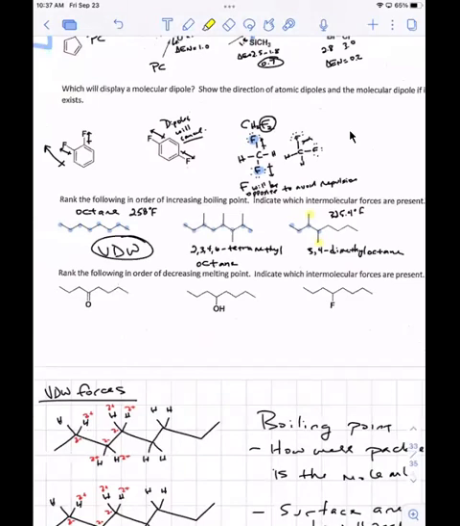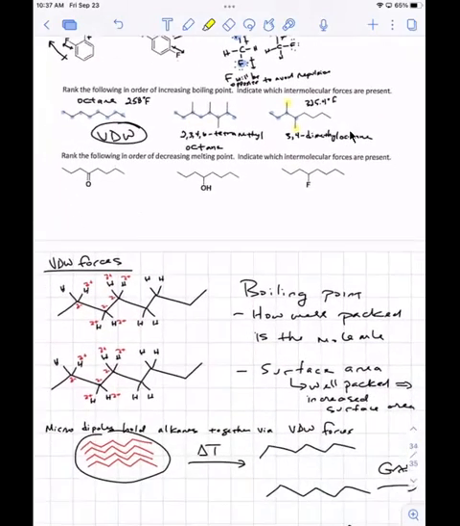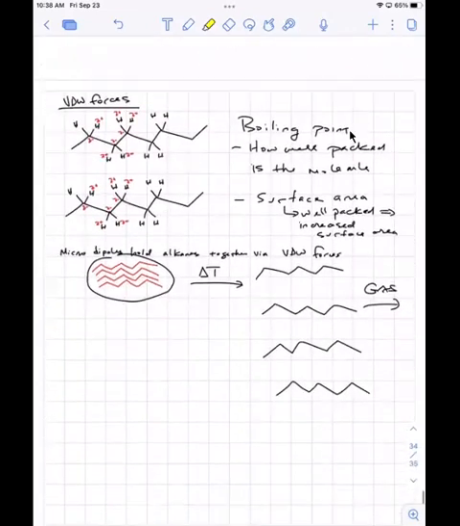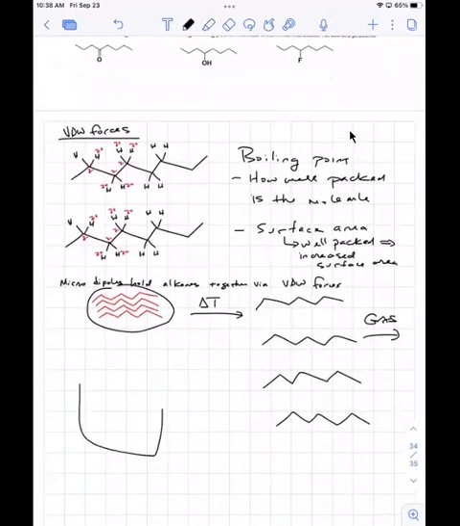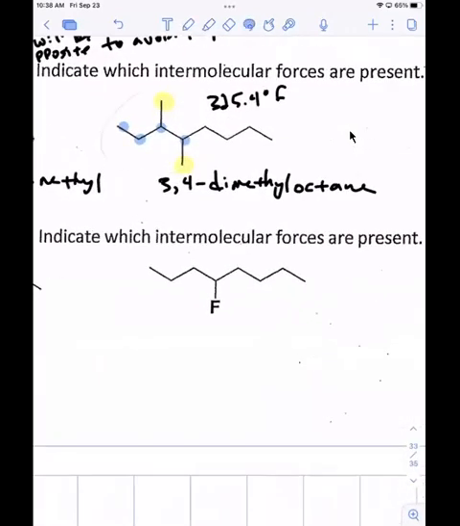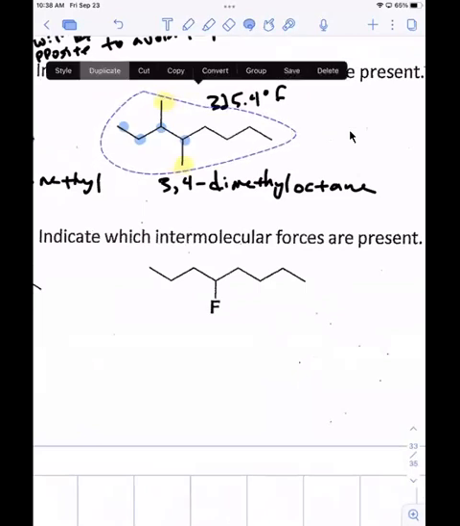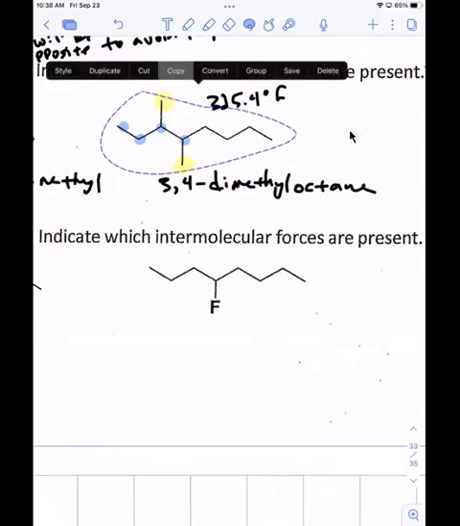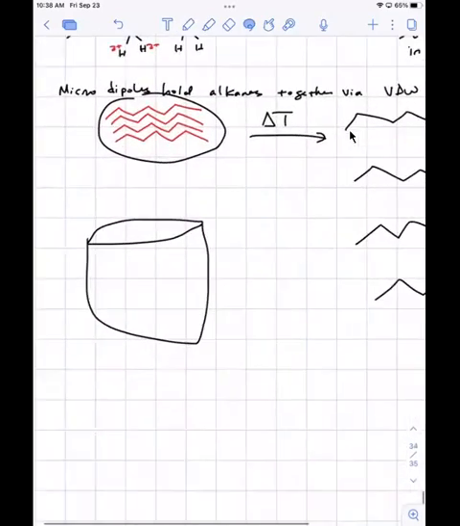So if the boiling point is higher for that 3,4-dimethyl octane, what that means is that it packs better. And there may be some symmetry there with those two methyl groups, because for the boiling point to be increased, you have to have a higher surface area and better packing between the molecules in solution, right? So again, I want you to think about this in terms of having a beaker full of this.